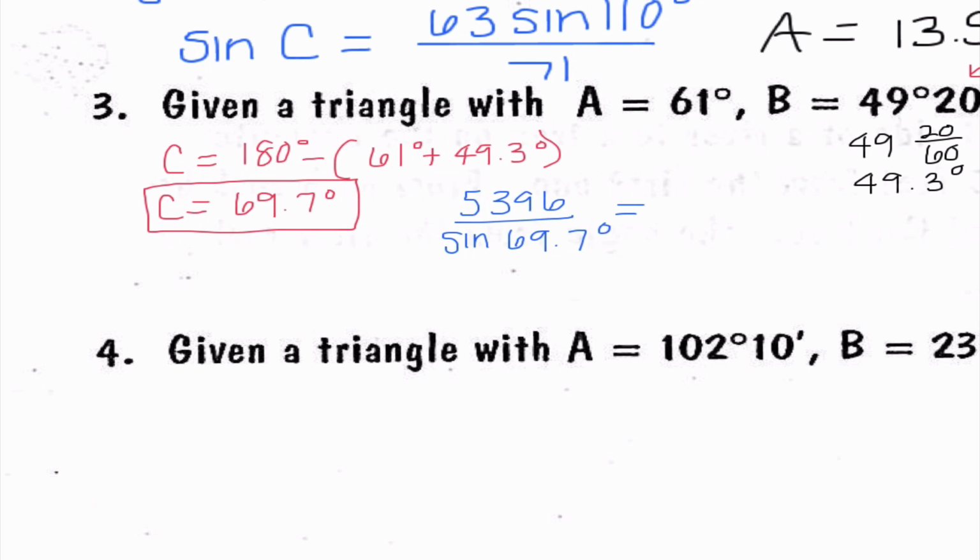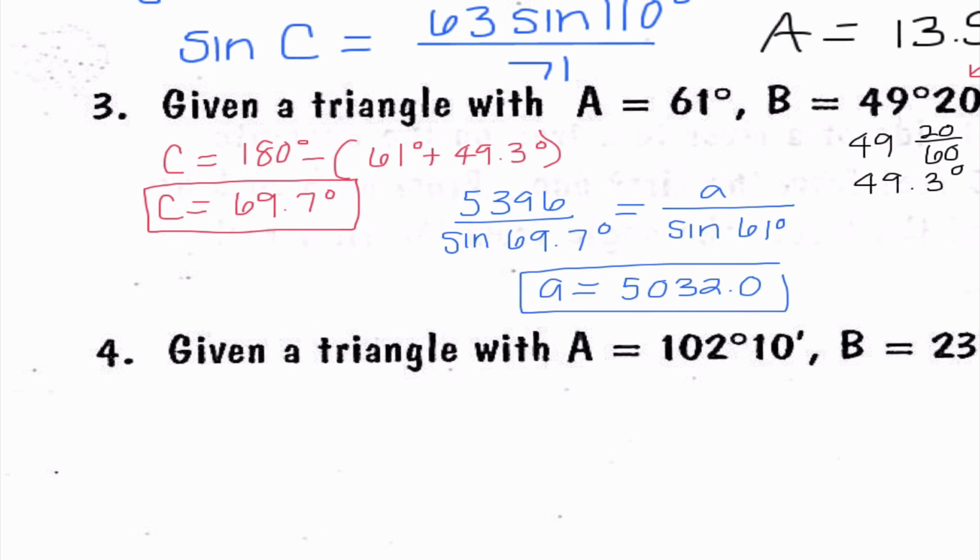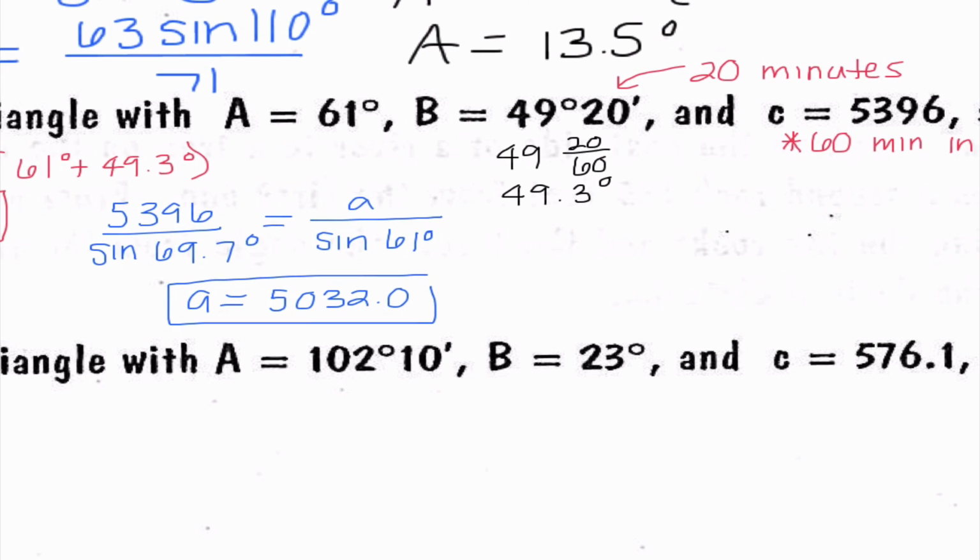So I'm going to go in order here. I'm an orderly person, and find side A. So I'm going to say A over sine of 61 degrees. When I go through solving that, and hopefully we feel pretty confident in that process at this point, I get that side A is 5,032.0.